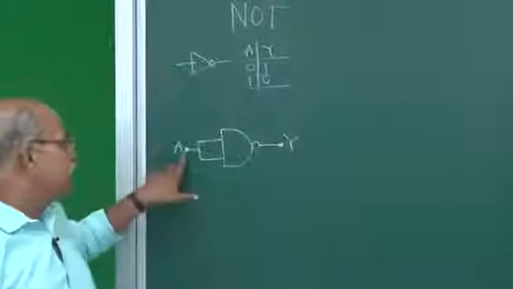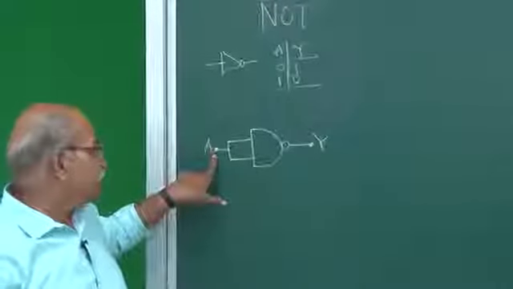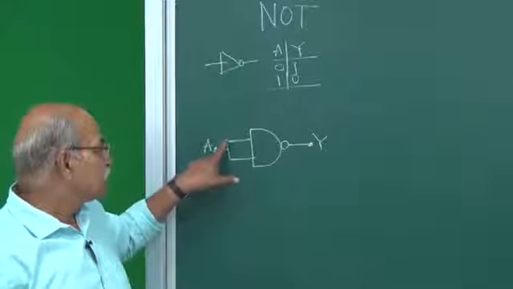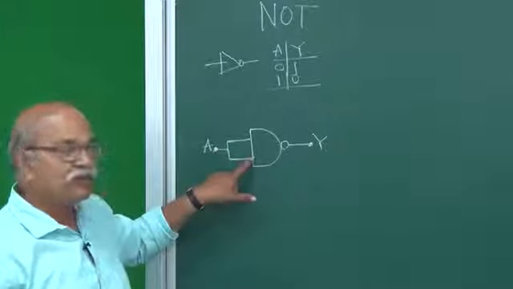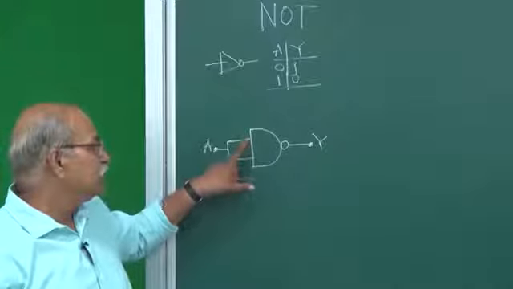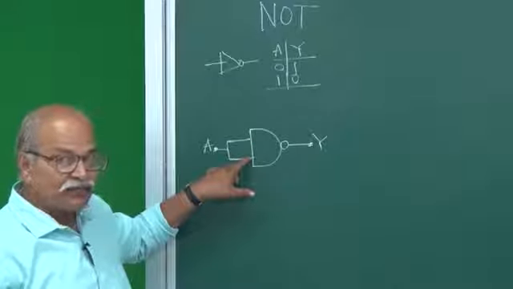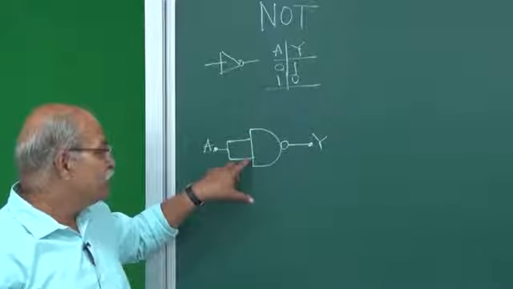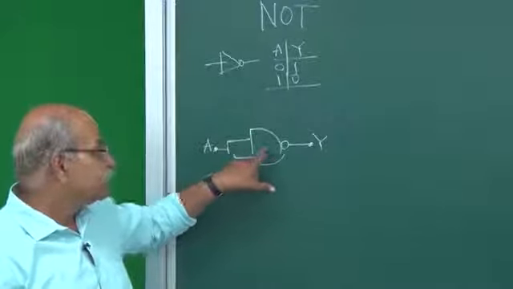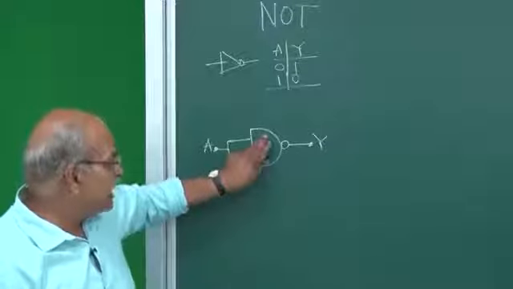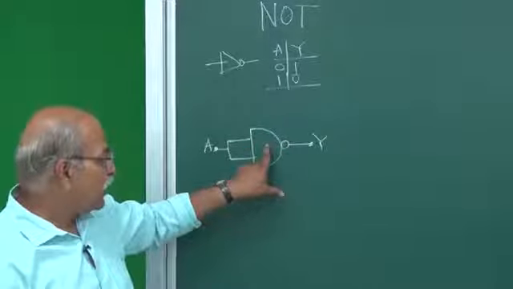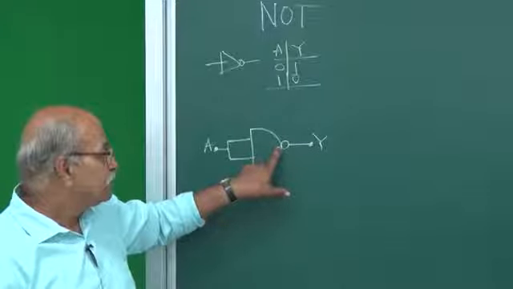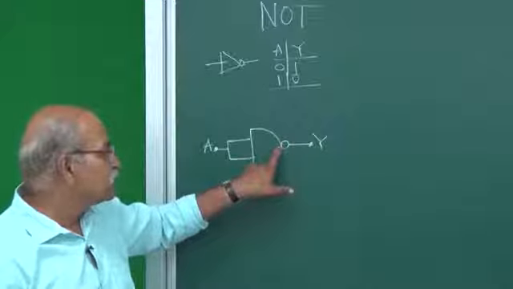So what happens if A is 0? If A is 0, in the first input you are giving 0. In the second input also you are giving 0. So for 0 0, the AND operation will give an output of 0. You can think of this as AND and then this is NOT. So AND will give you an output 0, and then the NOT will convert that 0 to 1.